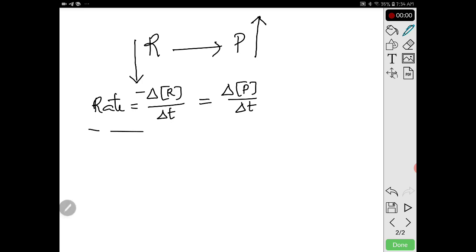Suppose you go to the next step, and take this reaction, N2 plus 3H2 gives 2NH3.